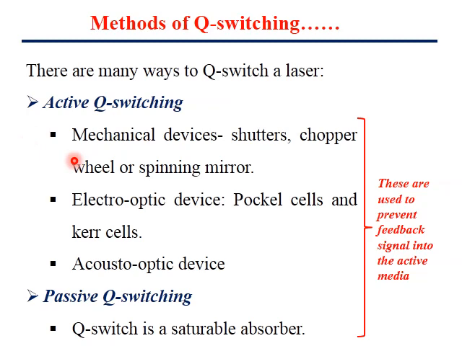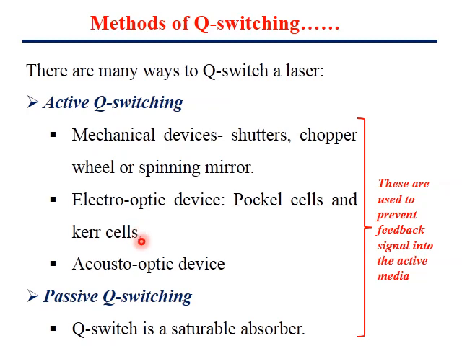First is the mechanical device, where we use shutters, a chopper wheel, or a spinning mirror. These are used to obtain short pulses. And sometimes electro-optic devices like Pockels cells and Kerr cells are also used.